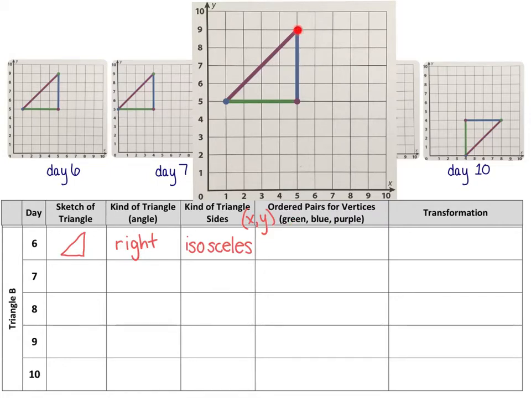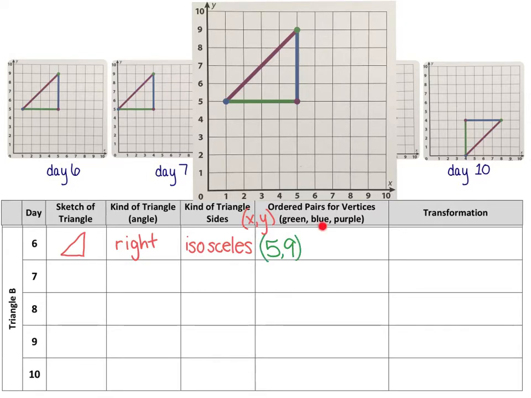On the x-axis, we come down to the x-axis, which is right here. The green point is at 5. So I'm going to write 5, comma, and then go back to the green point and look at the y-axis. We go over to the y-axis. It is at 9. So our ordered pair is 5, 9.